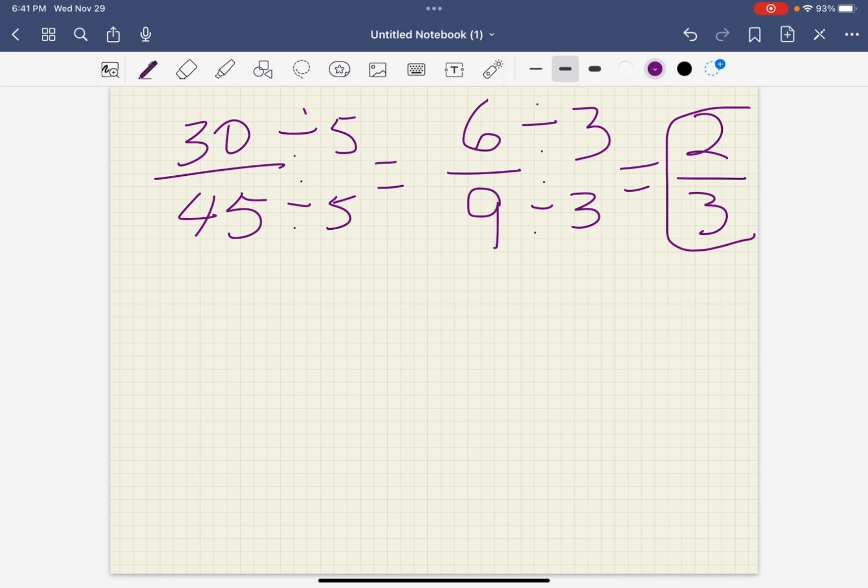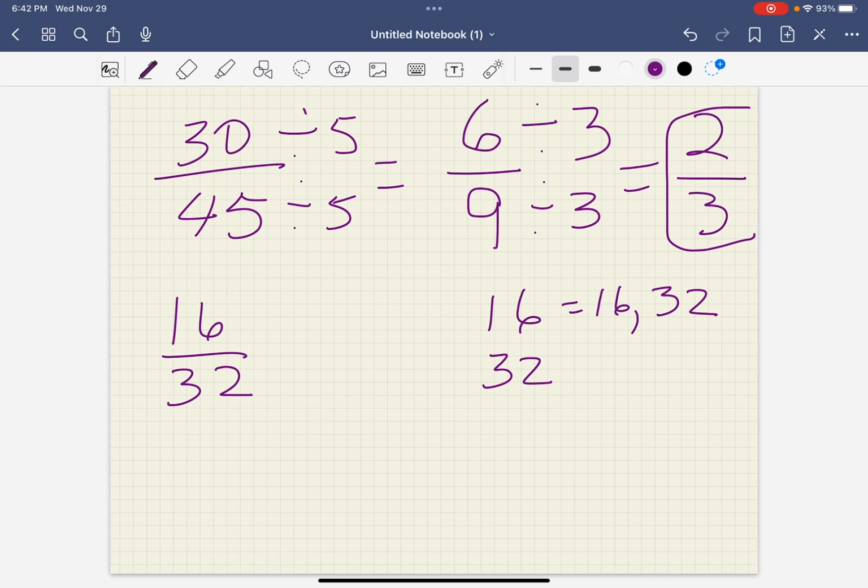Okay, so then we have one last problem in this lesson. It says reduce 16 over 32 using the greatest common factor of 16 and 32. So let's see, factors of 32 and 16, that would be 1 times 16, 2 times 16, and 1 times 32. So the greatest common factor, oops, that's the greatest common multiple. Scratch that.